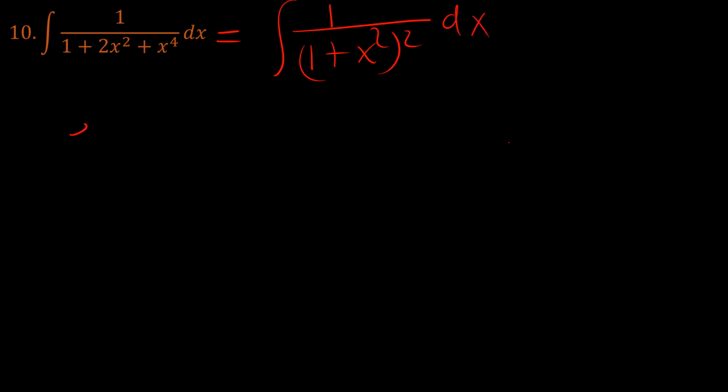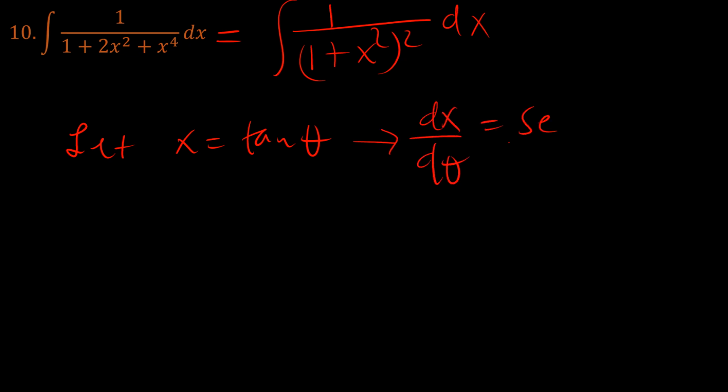I don't know. So let's see if we can use, let x be equal to tangent theta such that dx d theta is equal to sec squared theta, so that we can substitute for dx with sec squared theta d theta.